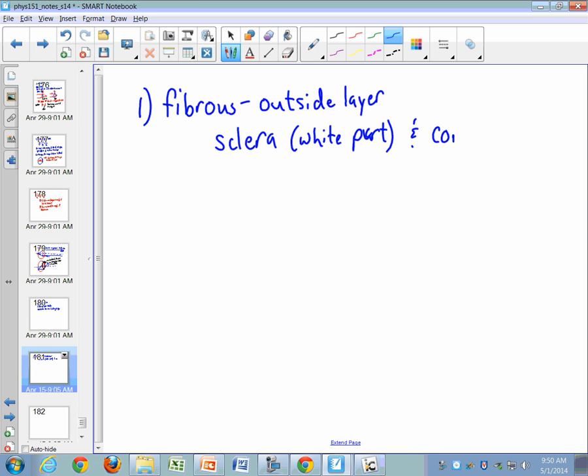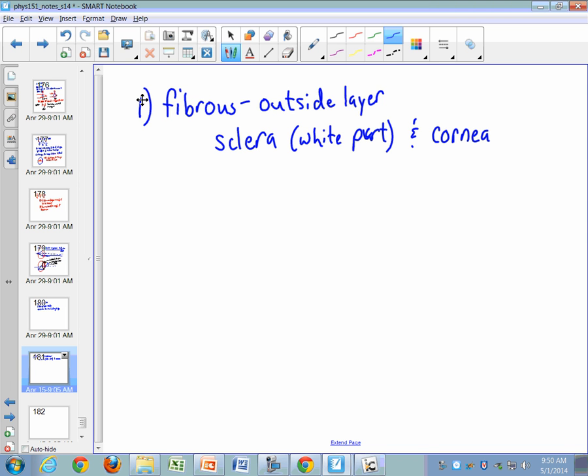So this covers the outside of the eye. The cornea, of course, is clear. That's where the light comes into your eye, and it's part of the lens system of the eye. The white part is a protective part of the eye. You have muscles that are attached to the sclera that can cause you to move your eyes back and forth.